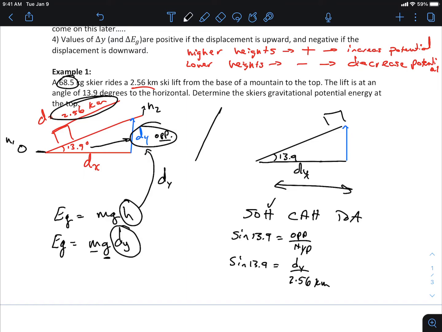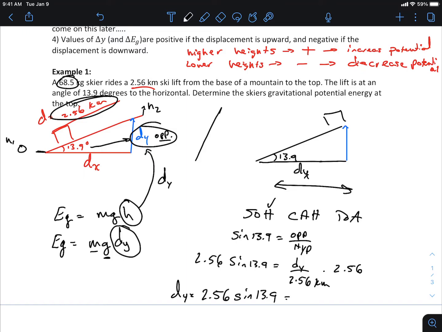Okay, now I just want dy by itself. Multiply both sides by 2.56. So dy is going to equal 2.56 sine 13.9. So we just need a number for that.